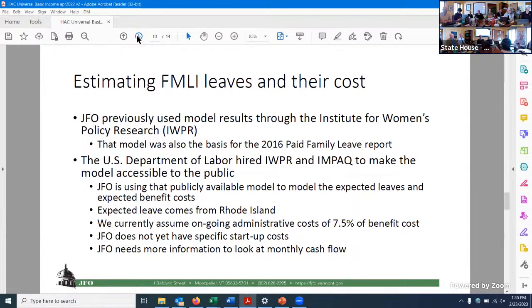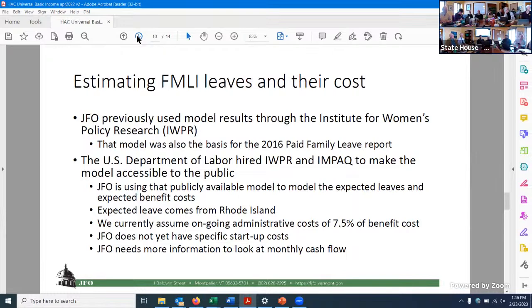It turns out that in 2021 maybe, the US Department of Labor created a grant opportunity for research firms to come together and make that very same model available publicly. So we now have a research paper and a downloadable model that we are running in-house that provides us with the very same capabilities.